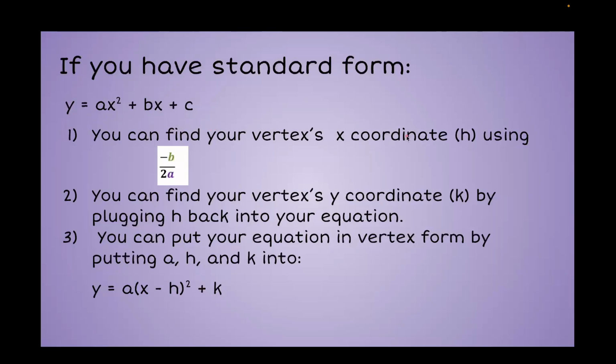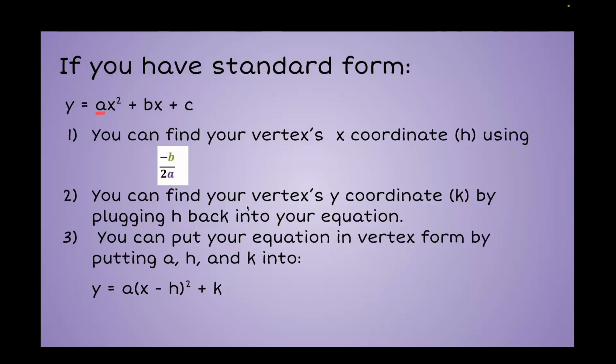Those are your h and your k. And you already know your a. a is this number. So to put your equation in vertex form, you just replace the a with this a, replace the h with the x-coordinate of your vertex, and the k with the y-coordinate of your vertex. So that's how you convert your equation into vertex form.